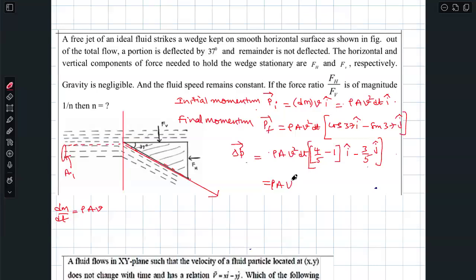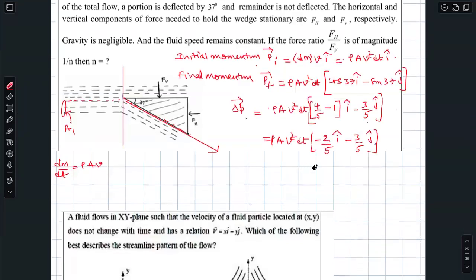Rho A V square dt can be written so that dP bar by dt is the force.